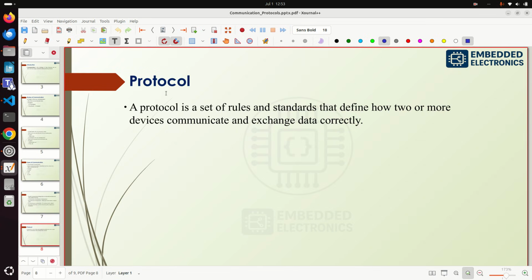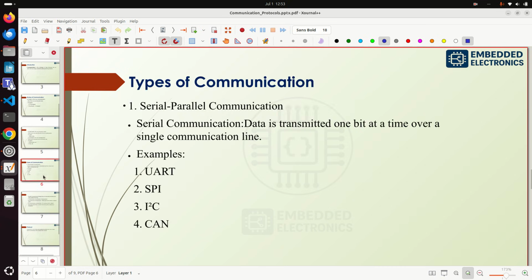So who created these protocols? Some companies created protocols, and they became famous. The UART protocol was developed by Intel, the SPI protocol by Motorola, I2C by Philips, and the CAN protocol by Robert Bosch.